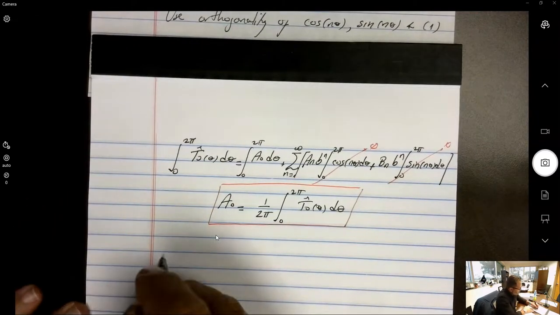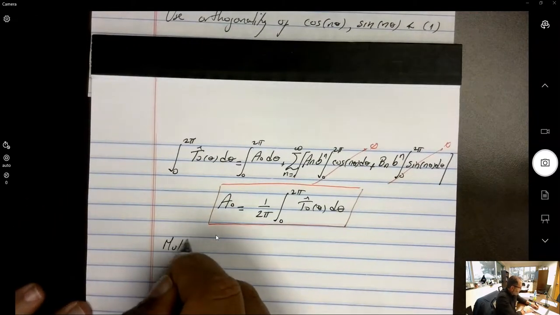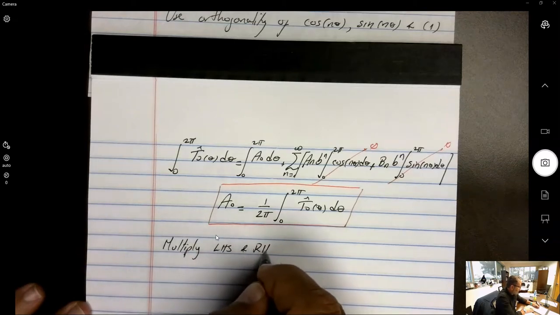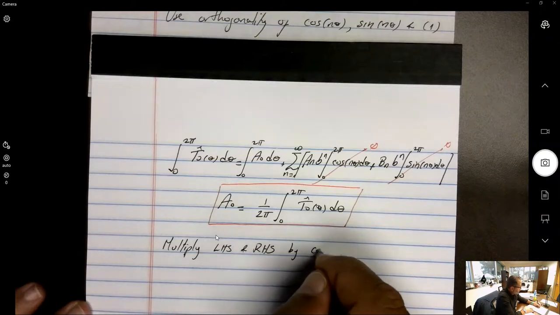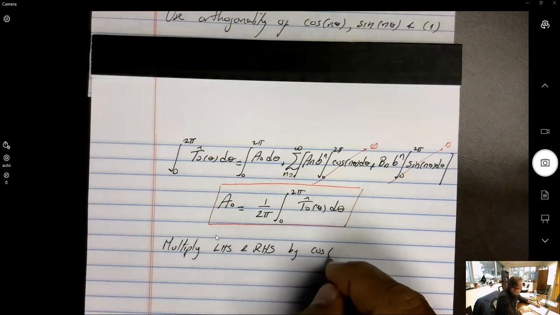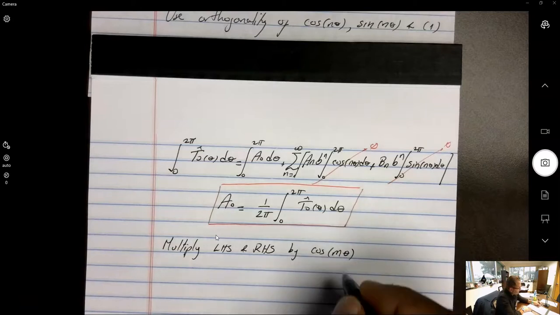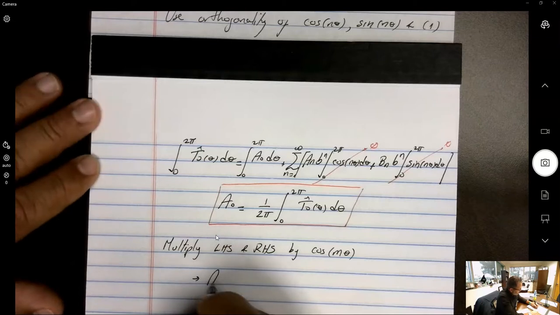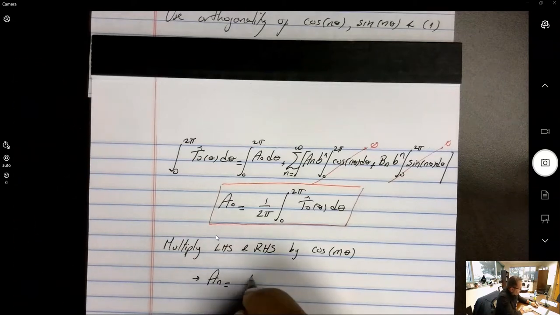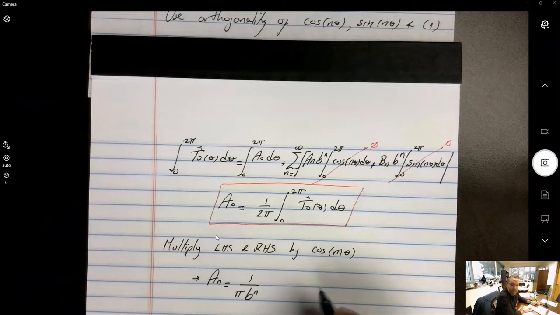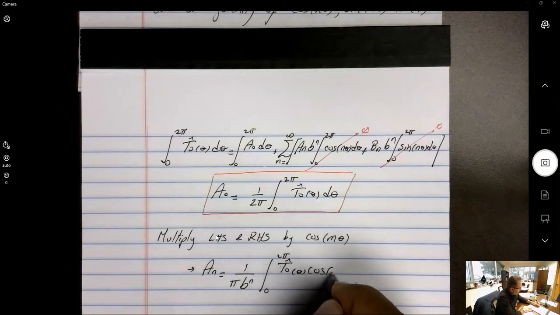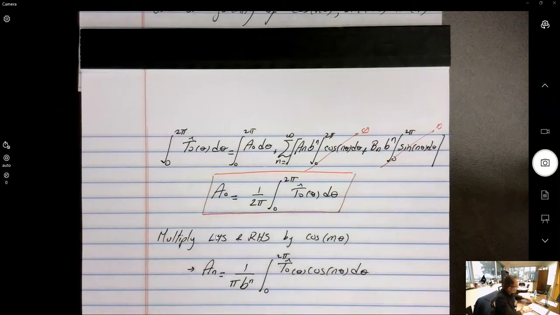The next one, multiply left hand side and right hand side by the cosine of n theta, and then what we'll find is that an is equal to 1 over pi b to the n times the integral from 0 to 2 pi of T0 of theta times the cosine of n theta d theta, because of orthogonality.